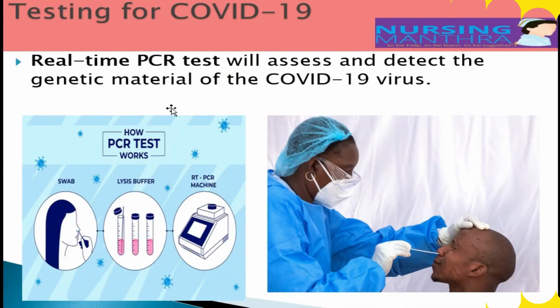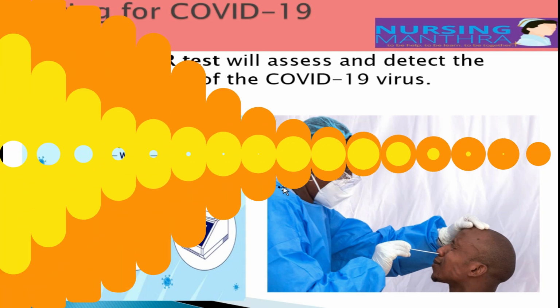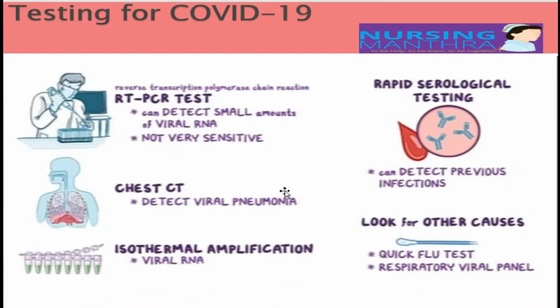So what are the tests for COVID-19? The real-time PCR test will detect the genetic material of the COVID-19 virus. There we take the swab, and the lysis buffer goes into the RT-PCR machine. So we call it the COVID-19 PCR. It can detect a small amount of viral RNA, but is not very sensitive.